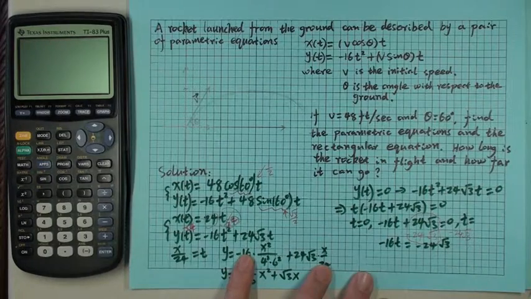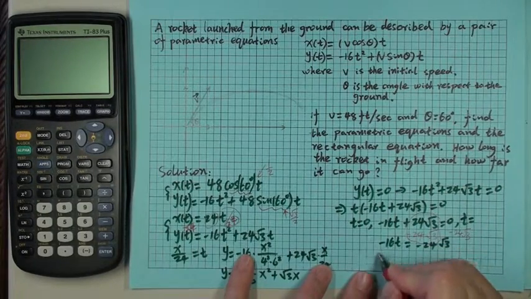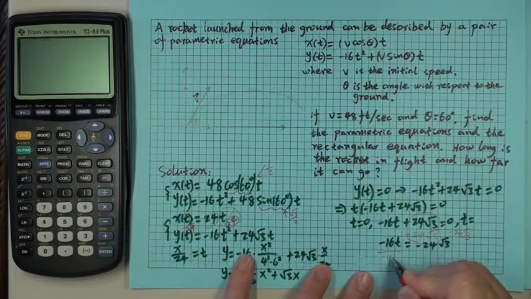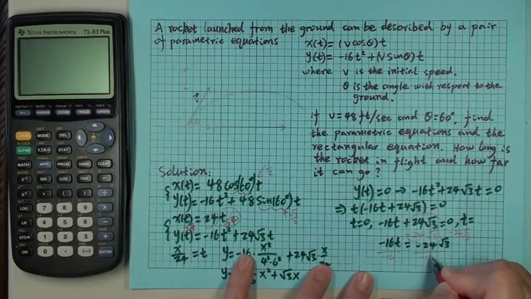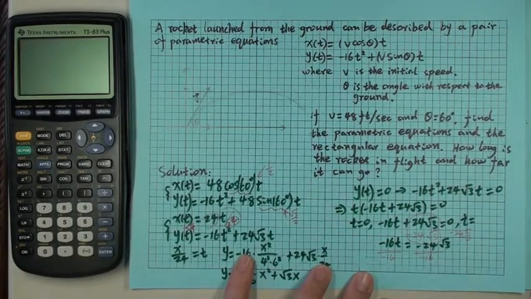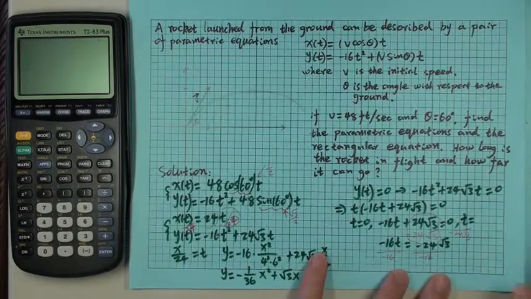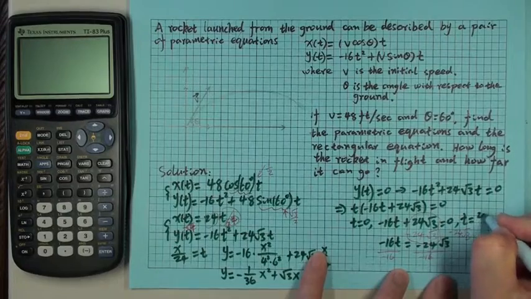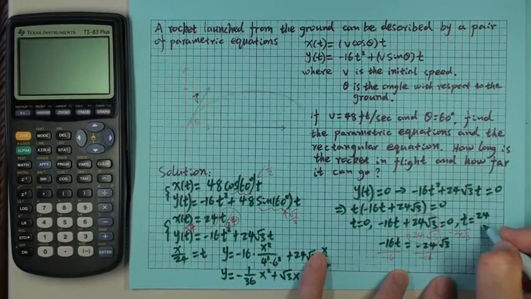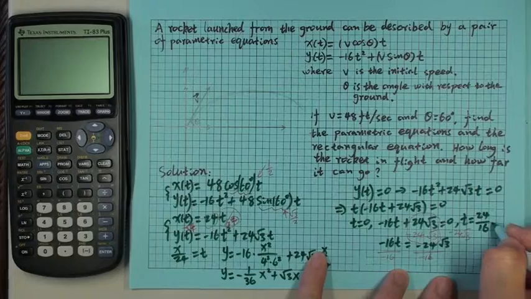Divide both sides by negative 16, and then t is 24 over 16 radical 3.